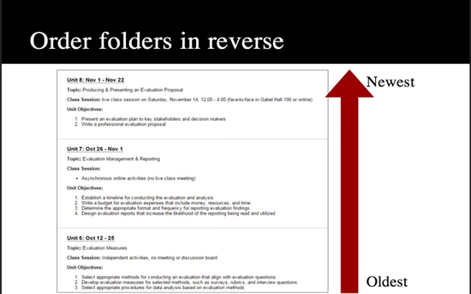And the reason why this saves time is because if you put them with 1 at the top and 8 at the bottom, every time you come in as the semester goes on, you have to scroll farther down the list to find the right folder. Whereas just dragging that one up to the top means that when you come back in, it's right there ready to go. It's a very small thing.